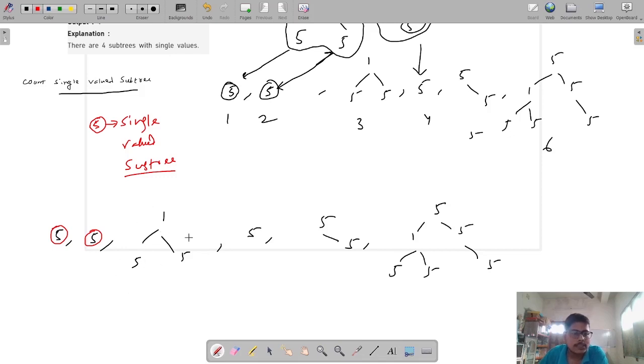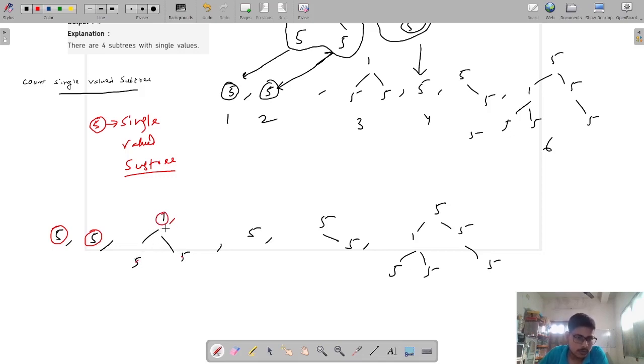But this is not a single valued subtree, right? So a subtree is a tree. This is a subtree of this tree, but we are now considering this tree. Are all the nodes in this tree equal? No, because this and this are equal, but this is not equal, right?